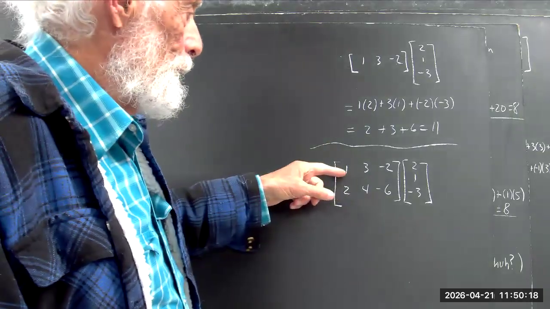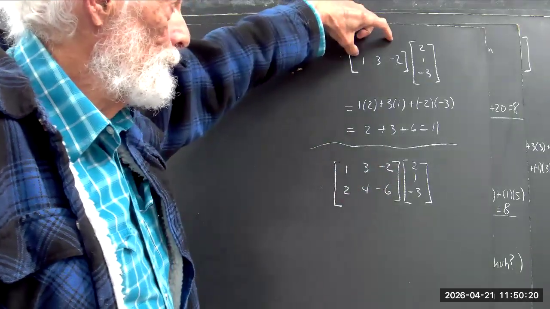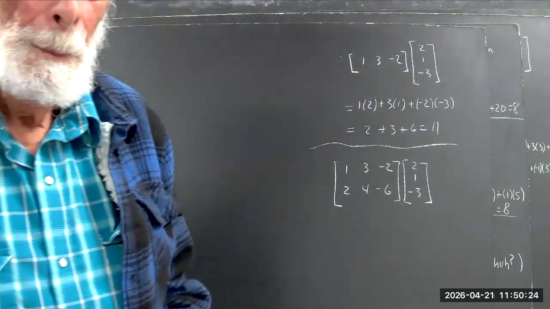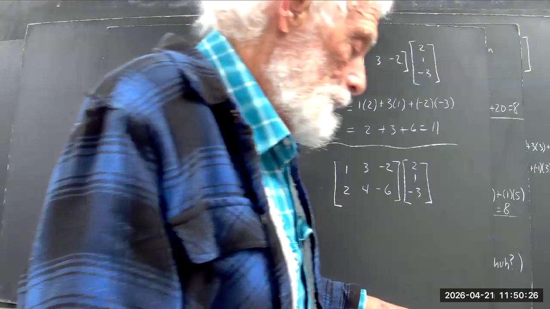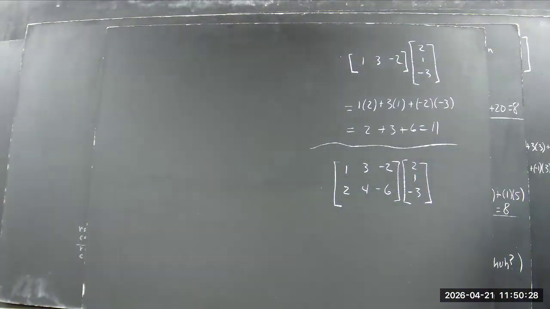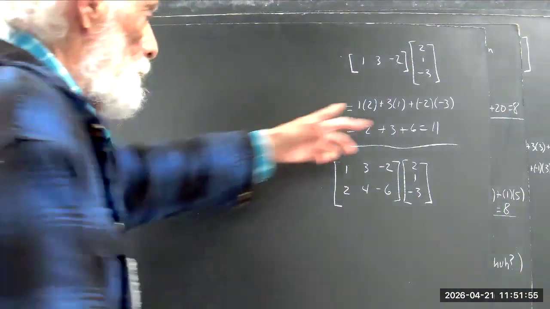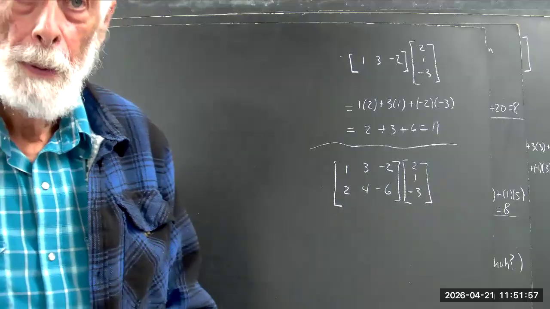Notice that the first row is the same as what we had here, and the column is the same as the one we had here. So you can kind of shorten the calculation. See what you think you would do with that. Okay, everybody multiplied the first row by the column, then they multiplied the second row by the column.